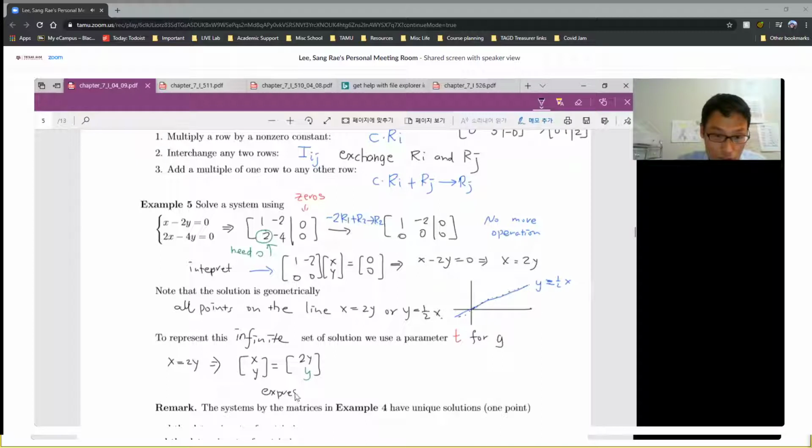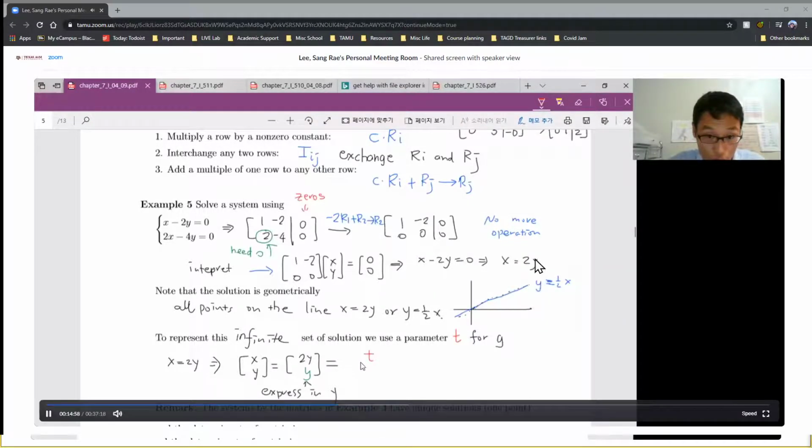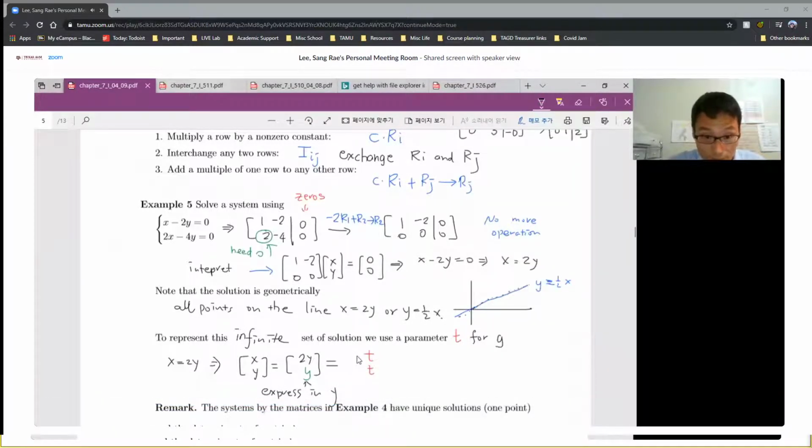In this column, you express your column matrix in y. Now you replace y by t. So if you replace y by t, we have 2t and t in the column.